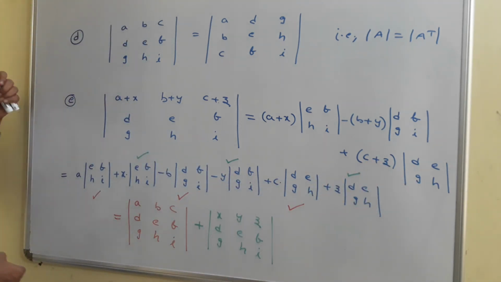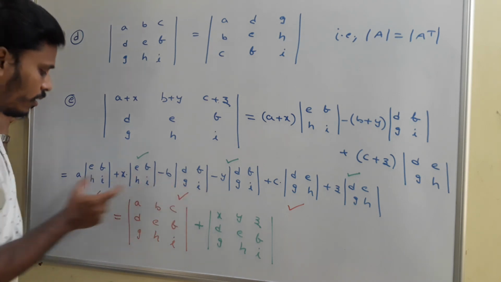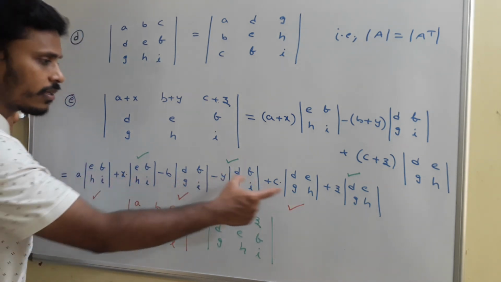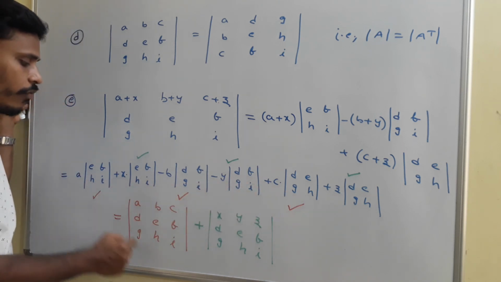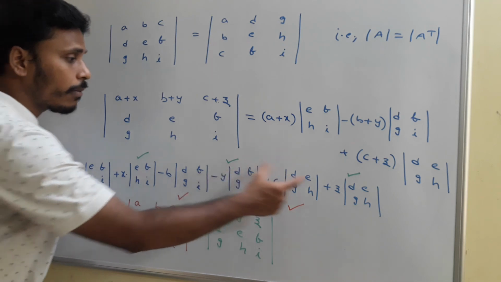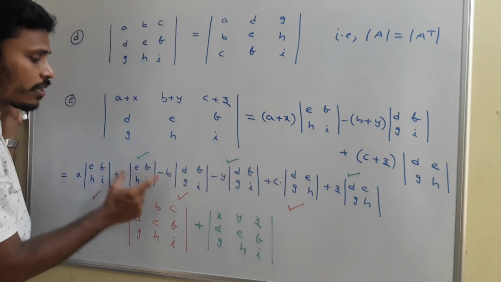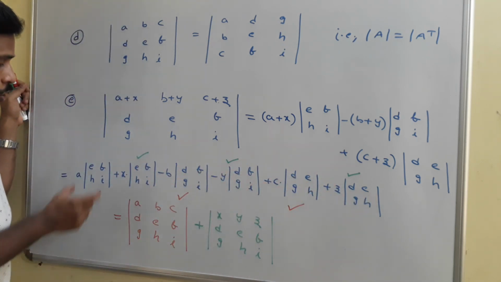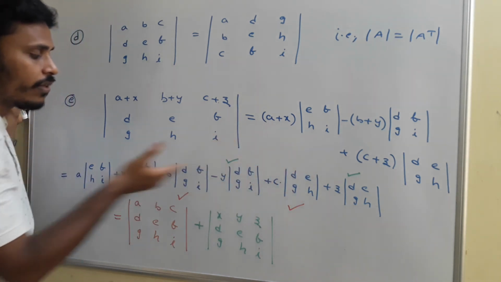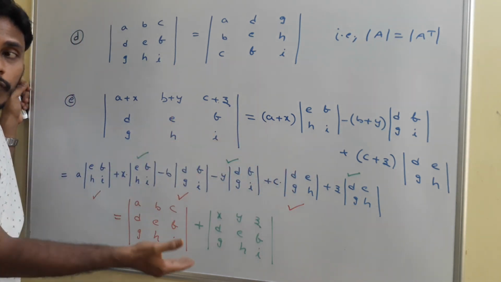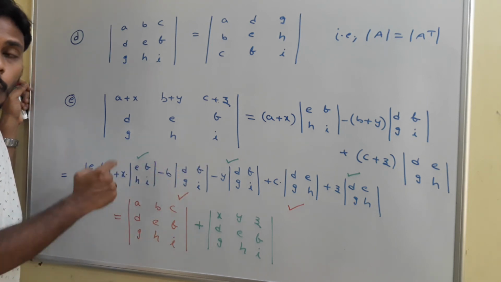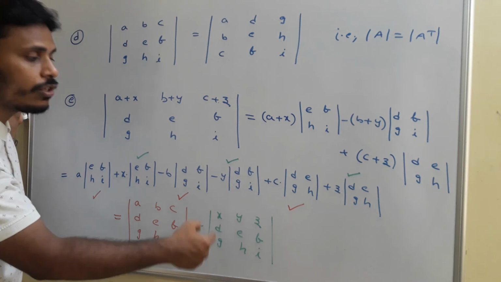Now you just look there, I just marked with red color. So A, B, C. If you observe these red color markings, these three are equivalent to this determinant value, right? And if you observe these green color markings, these three determinants are simply this determinant. So these red color parts plus green color parts we have in the second step, and coming to the third step, the red color part will give you this determinant, whereas the green color part will give you this determinant.